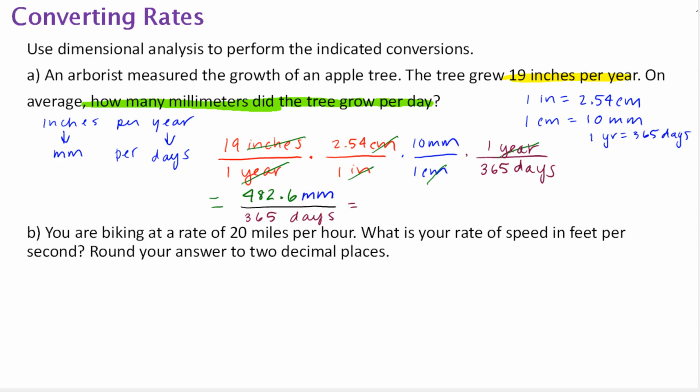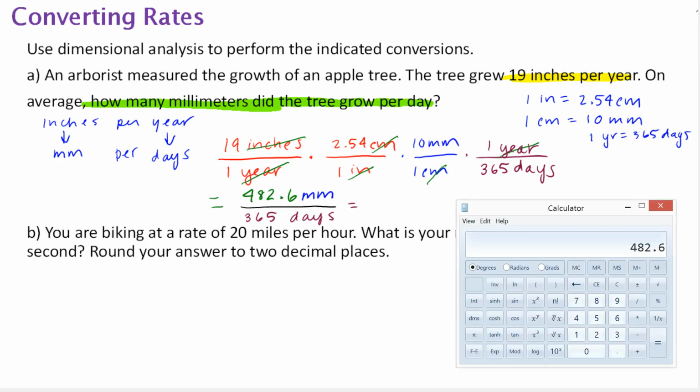Okay. And we of course want to write this as a unit rate, so that means at this point, after we've multiplied the top and the bottom, we're going to divide and round to 2 decimal places. Even though it didn't say that, that's what we'll do. And your questions will usually indicate what you should do.